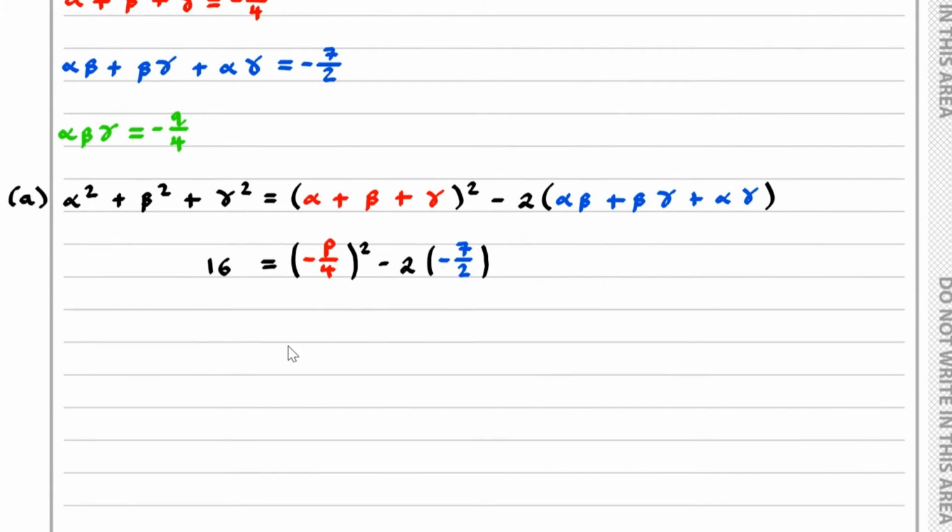So let's try to simplify all of this. What we have here is 16 equals p squared over 16, and then here we've got minus 2 times by minus 7 over 2, so that's positive 7.